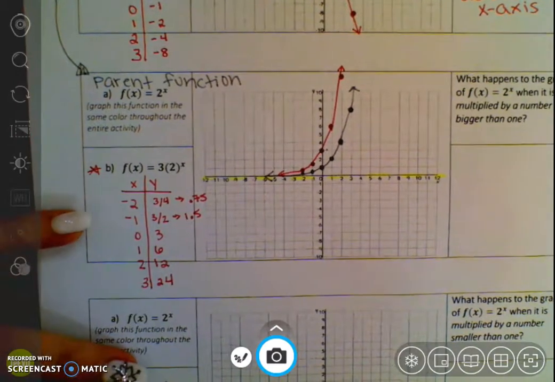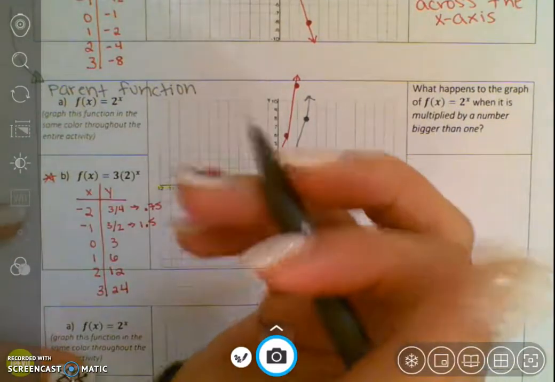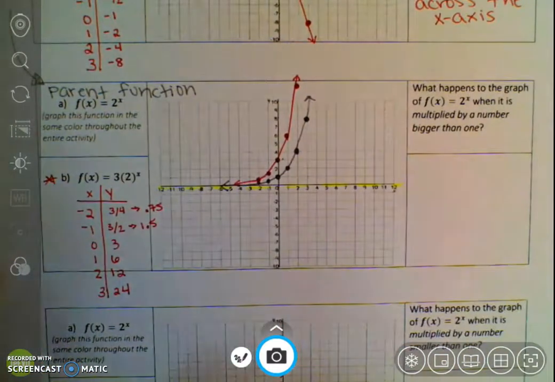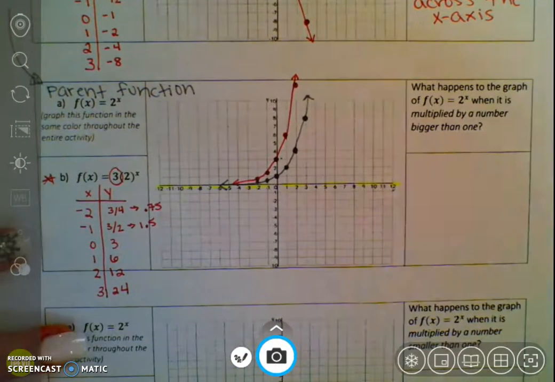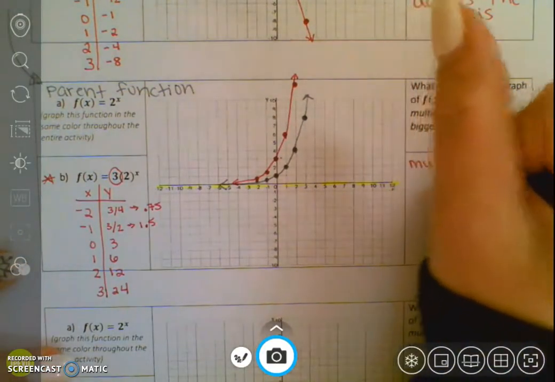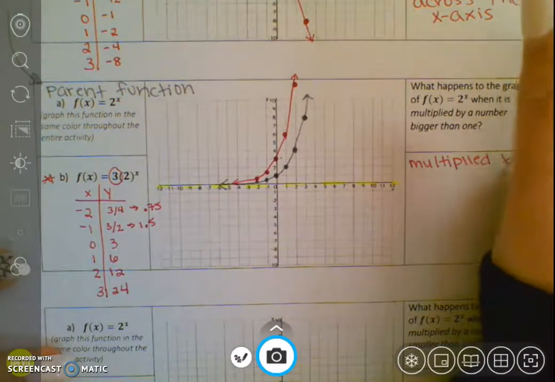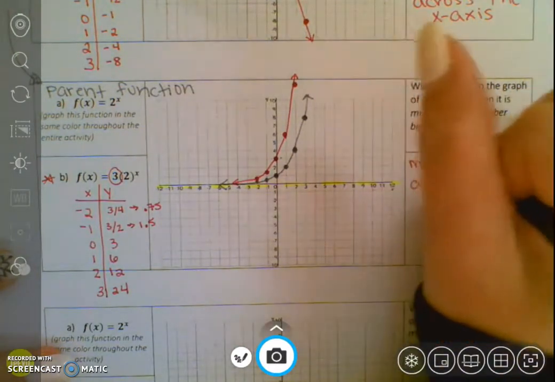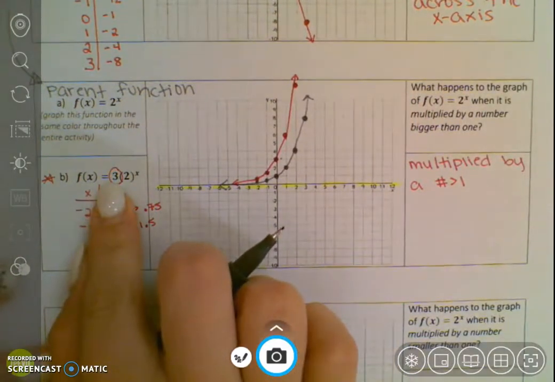gets bigger. So in this case, all numbers were multiplied by 3, and that 3 in our equation was right there out front. So on the right side, we're going to say multiplied by a number greater than 1, because 3 is a big number, it's greater than 1.